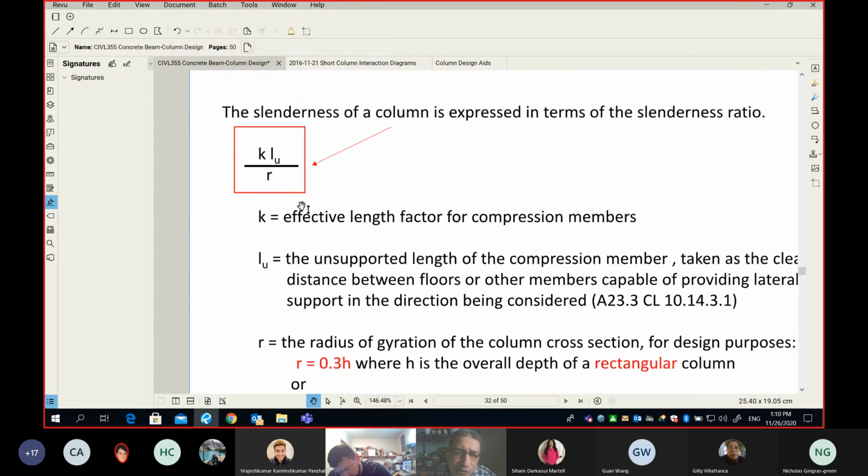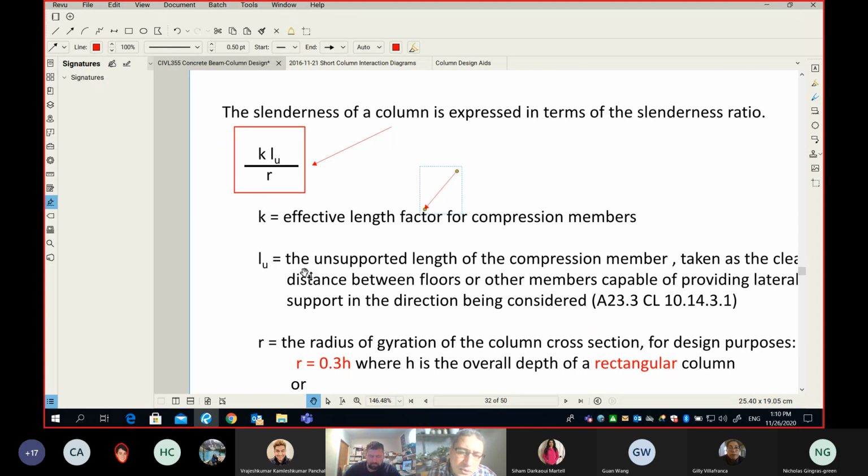Each of those is a little story, which I'll take you through, but for now, let's get the names. The K is called the effective length factor. Because it's a factor, it has no units. It is just a ratio. It's an effective length factor for compression members. Sometimes in other literature, they call it the buckling factor.